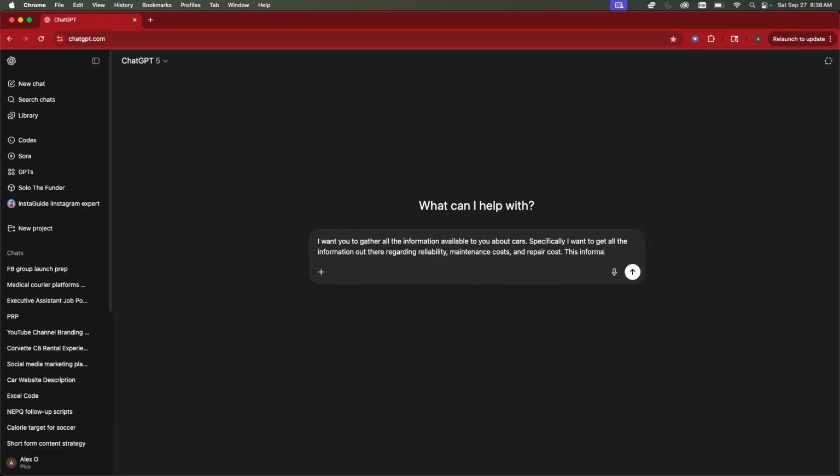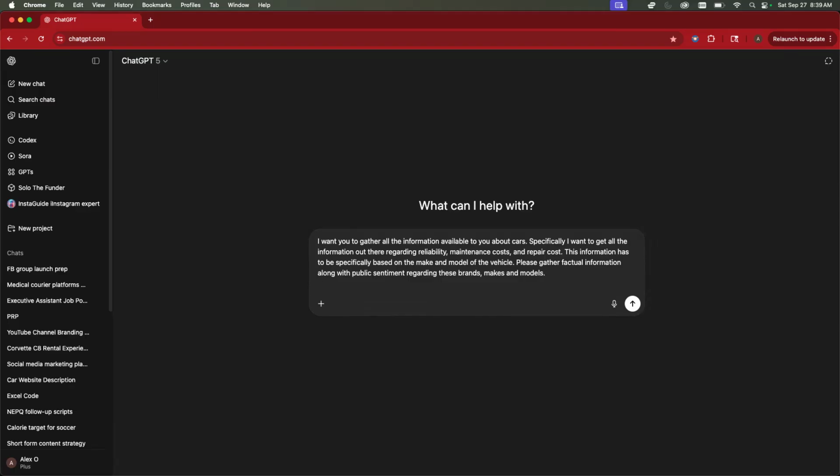This information has to be specific based on the make and model of the vehicle. Please gather factual information along with public sentiment regarding these brands, makes, and models.